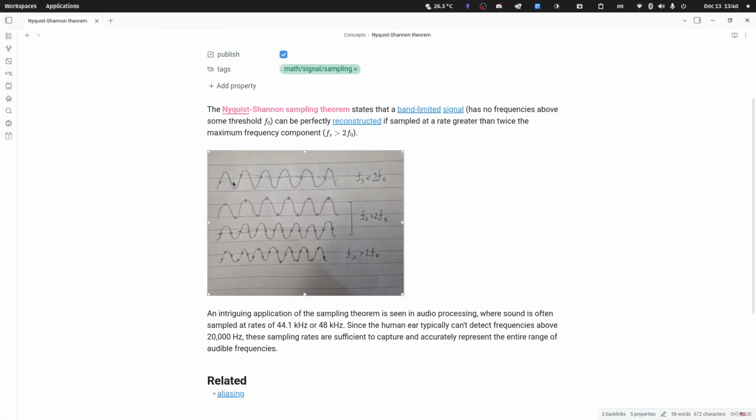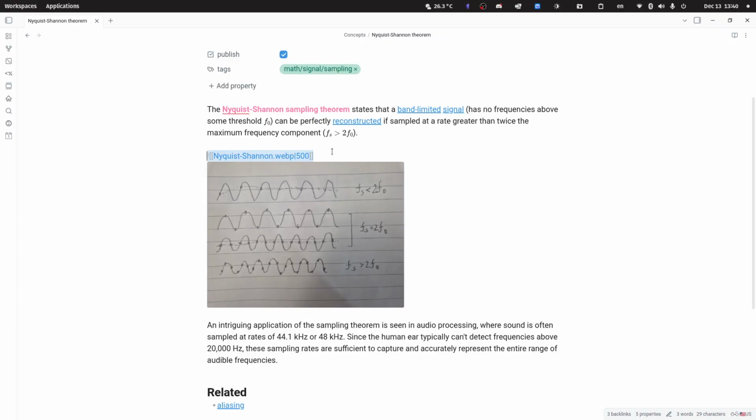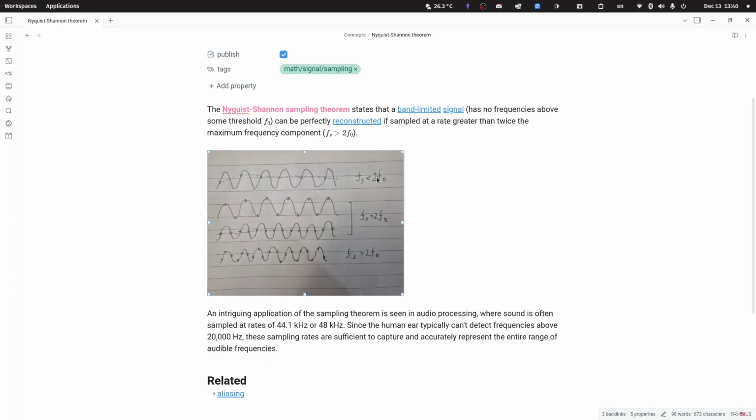It's basically a visual demonstration of how, if you have a small sample rate, you can sample like this, and then you can draw a smooth curve which is not the original signal.